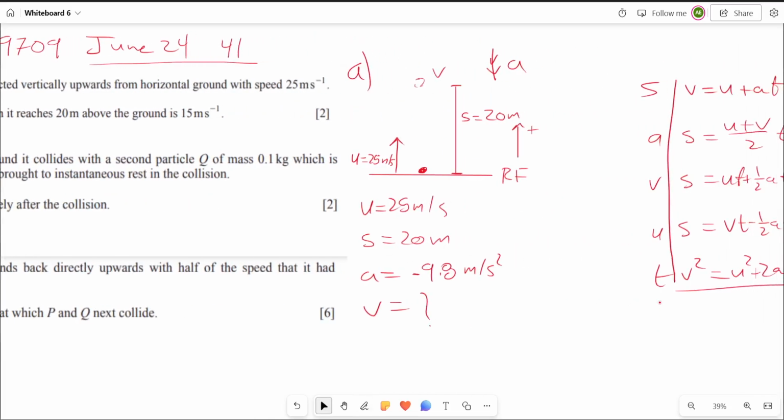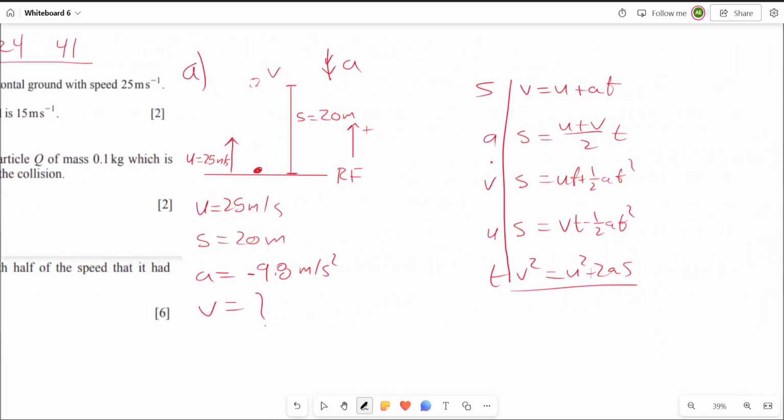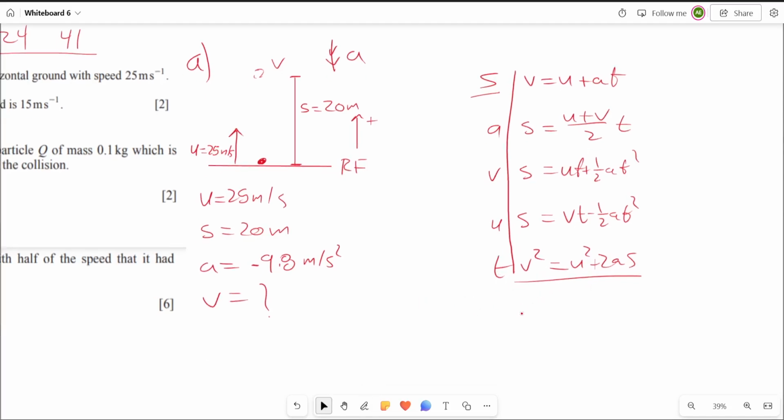Over here, I wrote the SUVAT equations, and in front of each letter, the equation that doesn't include that letter. So I will come here and look. These four quantities are of importance to me. Which one didn't I mention? I didn't mention T. I don't want it and I don't have it. So right away, I will just use the equation in front of T. This is how I solve. It makes my life easier to choose which equation.